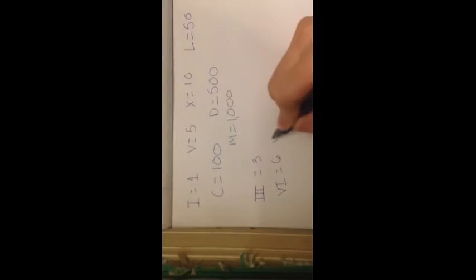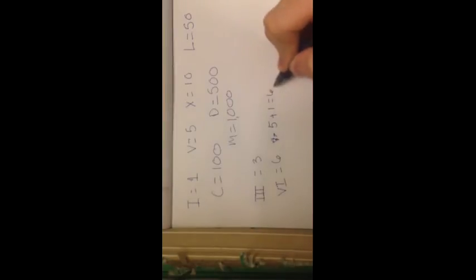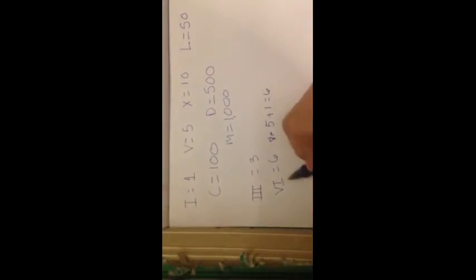That would be 5 plus 1, 6. However, vice versa, if that 1 came before the V, that's showing 5 minus 1. That's going to be the number 4.